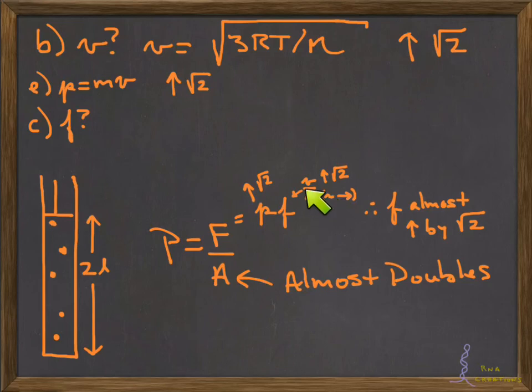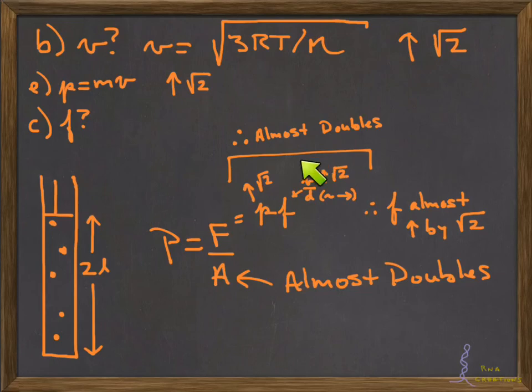And so the frequency of collisions almost goes up by the square root of 2. When we multiply these two terms together, we get something that almost doubles. And when we divide that by the area, which almost doubles, we can then understand why the pressure is constant in this particular aspect ratio.